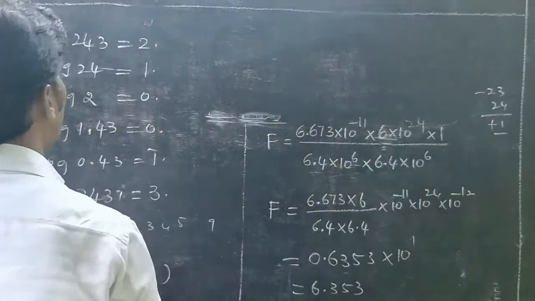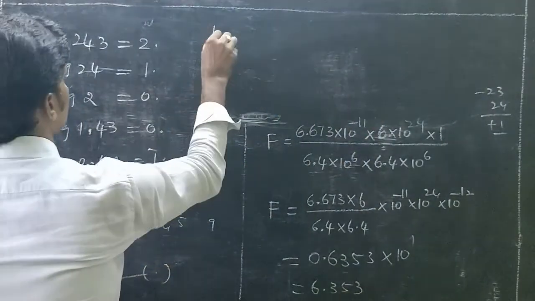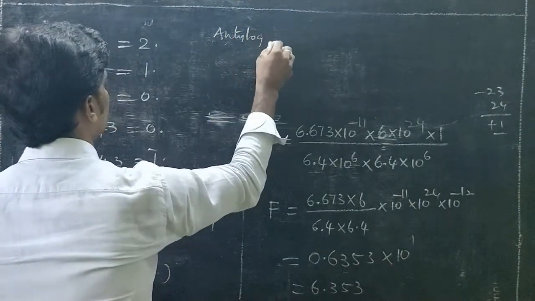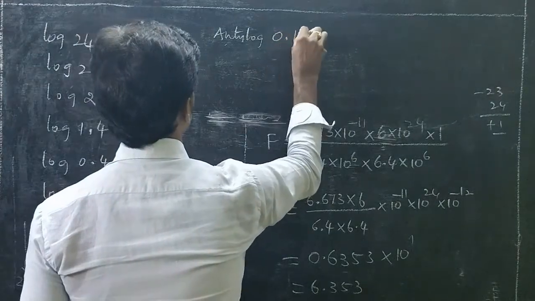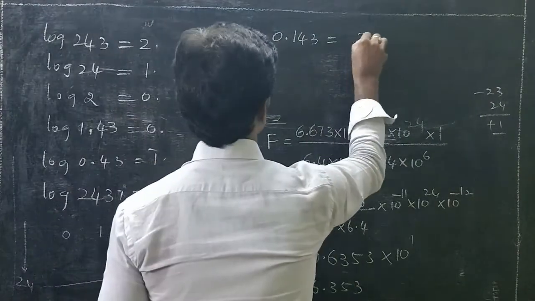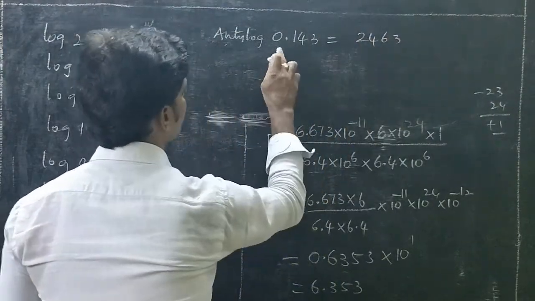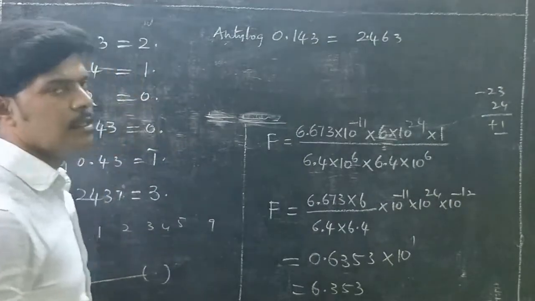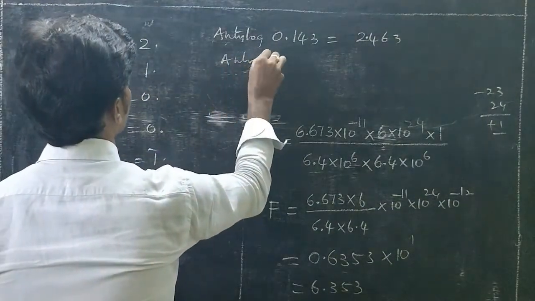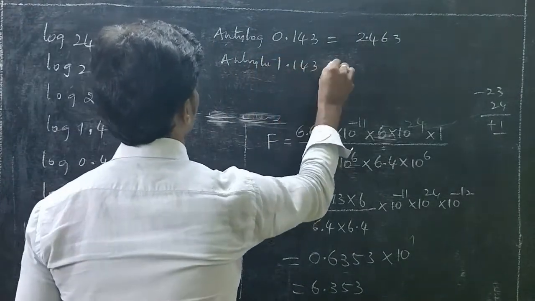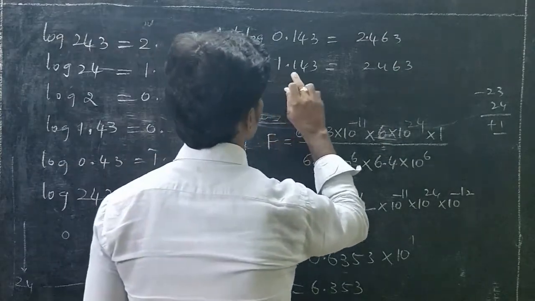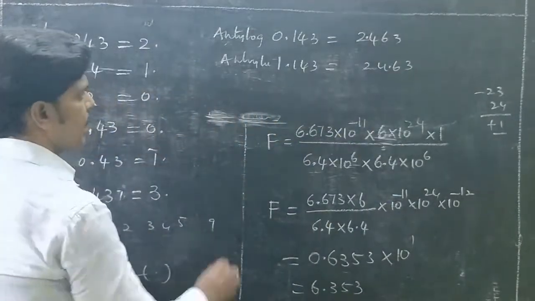Now anti-logarithms. How can you put the point in the anti-logarithm? Suppose the anti-log of 0.143 has the value 2463. With 0 point, we put the point after one digit: 2.463. Anti-log of 1.143 again gives 2463. With 1 point, we put the point after 2 digits: 24.63.